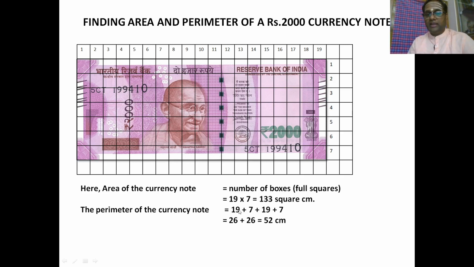So we can write 19 plus 7 plus 19 plus 7. So 19 plus 7 makes 26 and double of 26 is 52. So the perimeter of the currency note, that is the length of the boundary of the 2000 rupee currency note, is 52 centimeters.